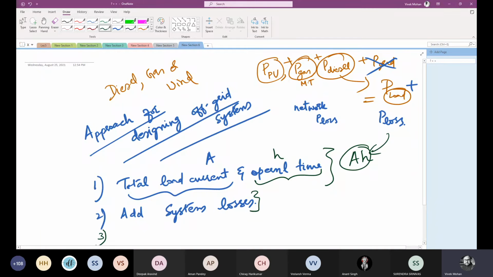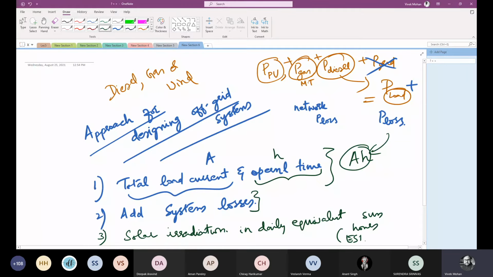Now in the third step, determine the solar irradiation in daily equivalent sun hours, or ESH. We'll see what is that ESH.